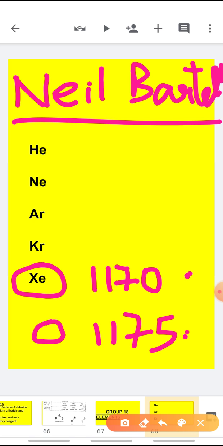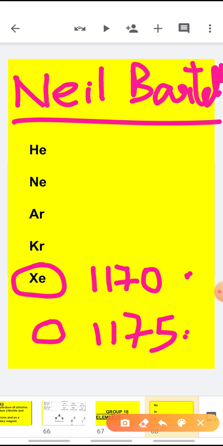So he made efforts to prepare the same type of compounds with xenon as he was making with oxygen, platinum and fluorine, and he was successful in preparing a red colored compound by mixing PtF6 with xenon.